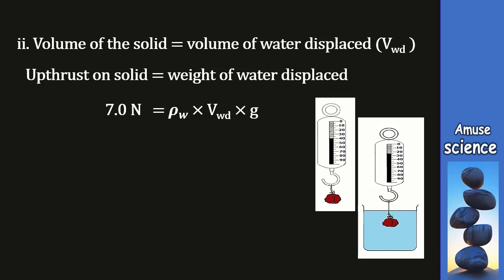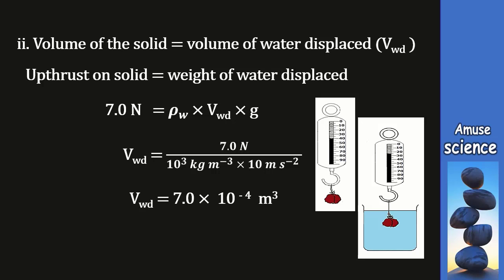Now when you make the volume of the water displaced the subject and substitute in the values, the volume of the water displaced is equal to 7.0 newtons divided by 1000 kilograms per cubic meter multiplied by 10 meters per second squared. And this is going to give us 7.0 times 10 exponent minus 4 meter cubed.